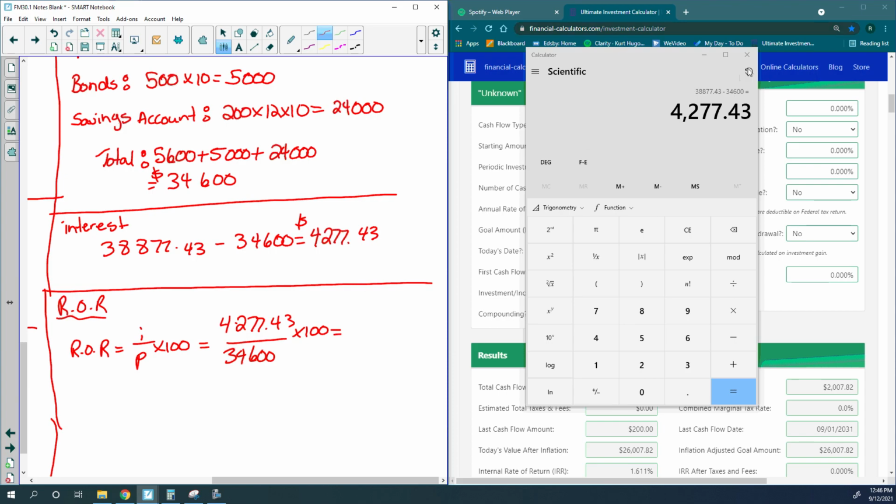I have the $4,277.43 already in my calculator. I'm going to divide that by the 34,600, and then multiply by 100. So it works out to be 12.4% if I round to one decimal place.